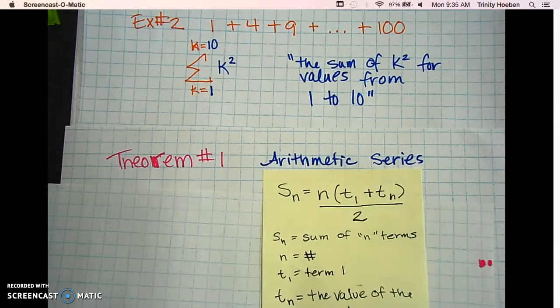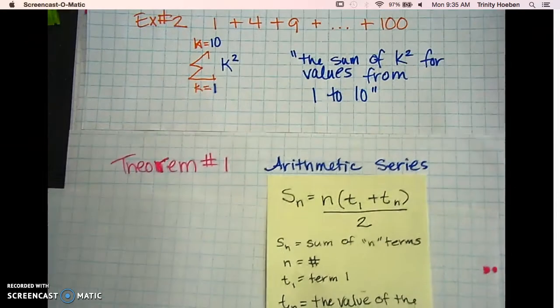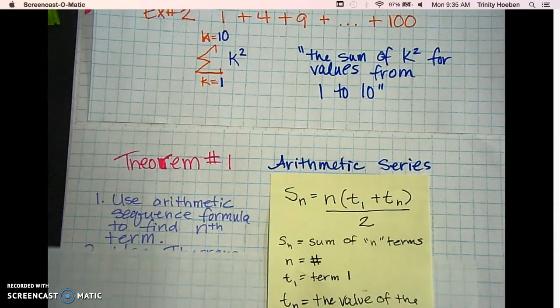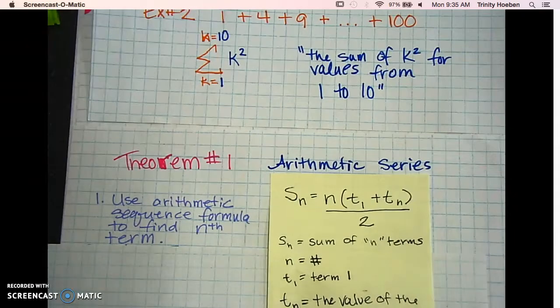And so there's 2 steps that you need to do in order to get the sum of the arithmetic series. Okay. First of all, you're going to need to use the arithmetic sequence formula to find the nth term. Okay, that's the one we used last week. We figured out the value of whatever term they told us to figure out. And you guys got pretty good at that.